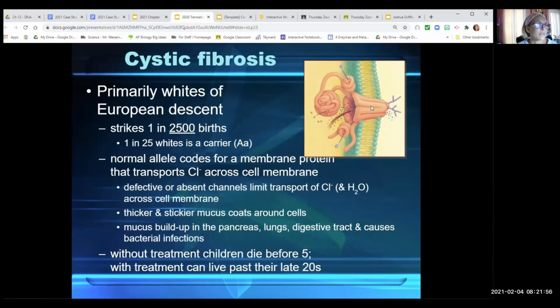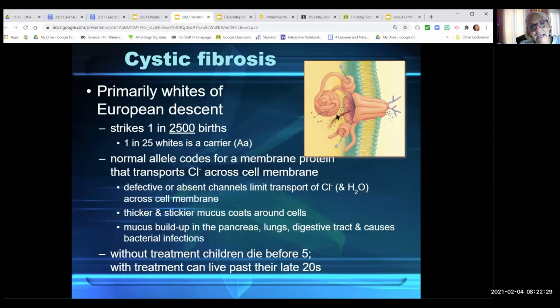And if you remember, water follows salts. Chlorine is part of salts. So water would follow that chlorine across the membrane as well. So now you can't shuttle the water, and therefore there becomes a thickening of the mucus. Okay, so here's your normal functioning channel protein within the membrane, and you can see the chlorines moving out of the cell into the extracellular fluid.